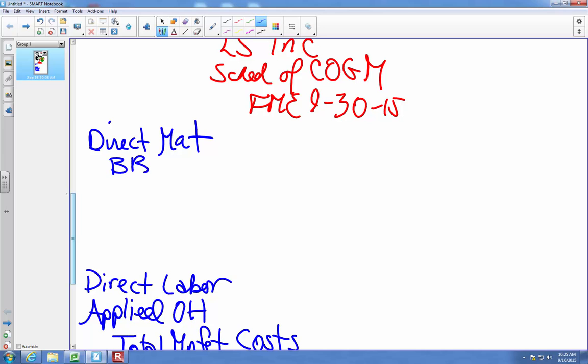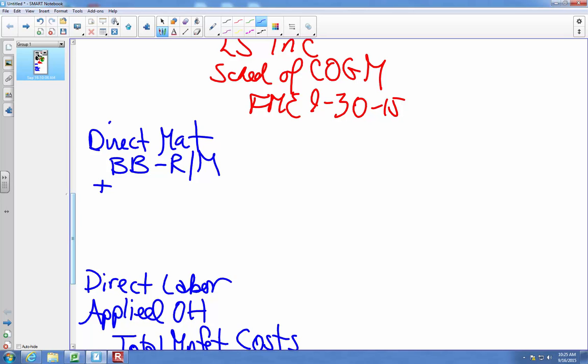Beginning balance, raw materials. Where do I get that number? I just go to my last balance sheet. Where do I find it? In your current assets. I look in my current asset section and it's sitting there from 8/31. It rolls over to beginning balance on 9/1.